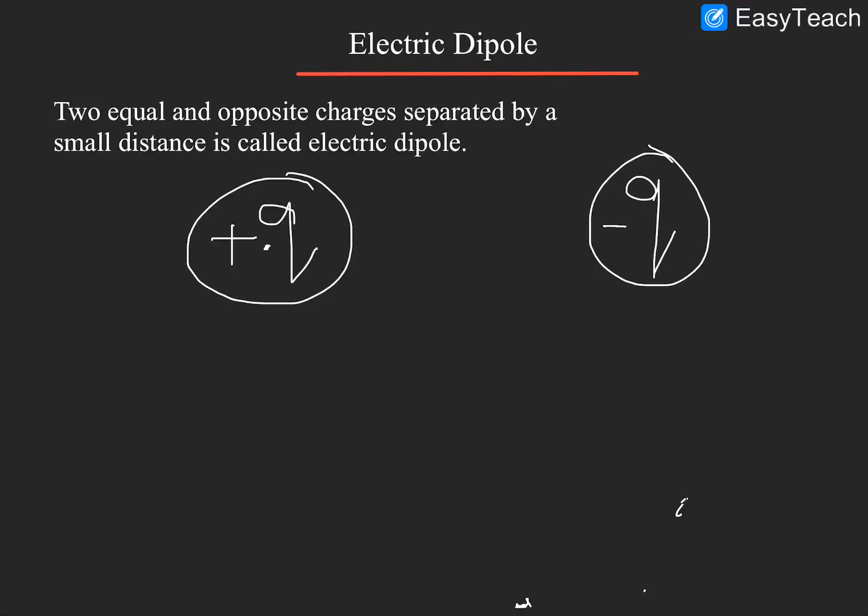From the center of the positive charge to the center of the negative charge, there is a distance. Normally we will take the distance as 2a. Center to the center of the dipole, normally we will consider that it is 2a.